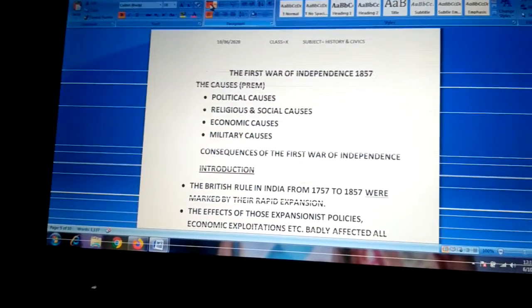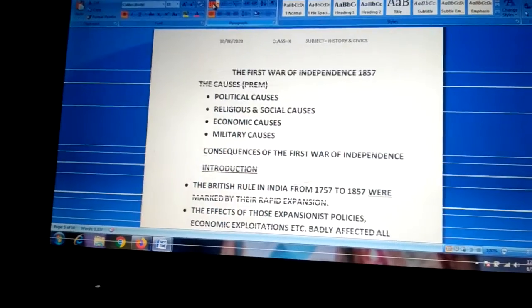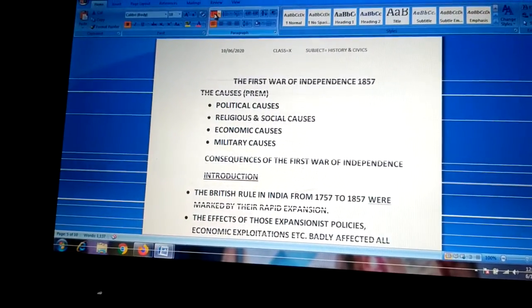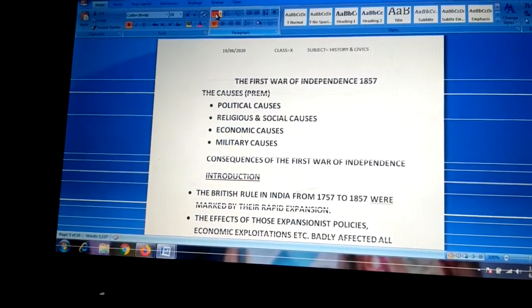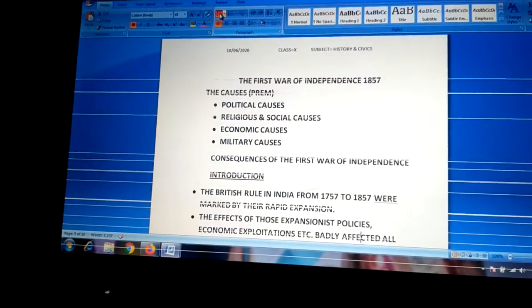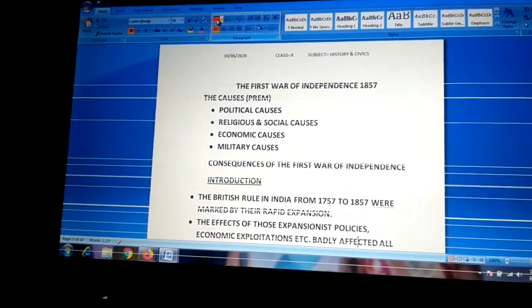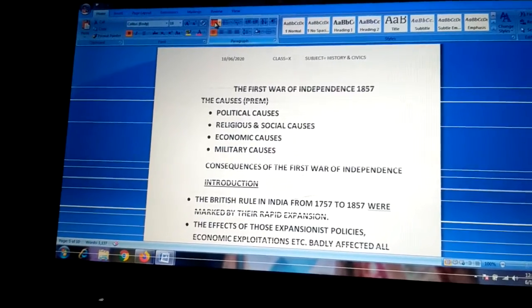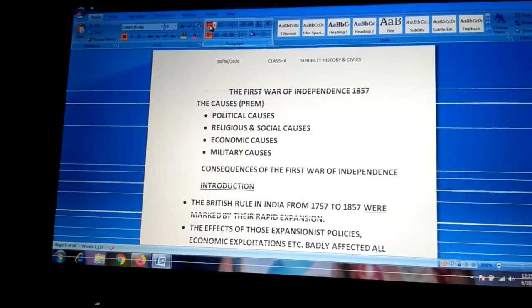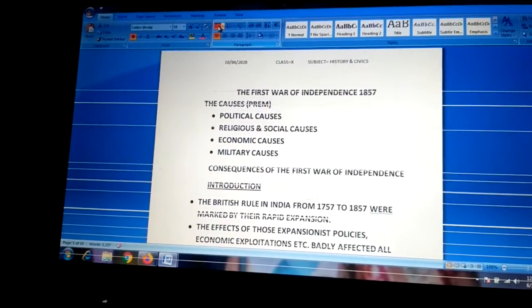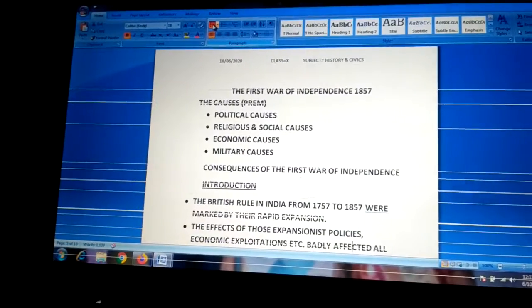Before starting this chapter, we go back 100 years. This First War of Independence happened in 1857, so going back 100 years means 1757, isn't it?